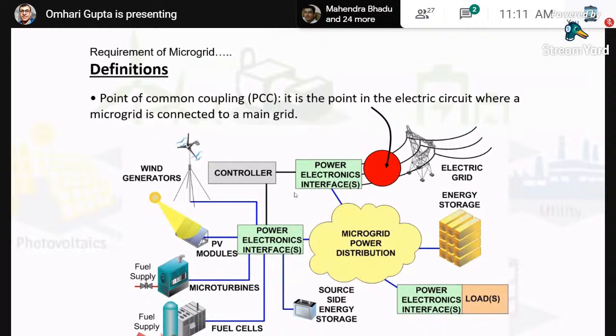In this diagram, you can see the components of a microgrid: a controller, several generations, energy storage, and then a power electronic interface. Those convert the form of electric power as per the requirement of the load. There can be several loads that require DC supply, and several loads that require AC supply.